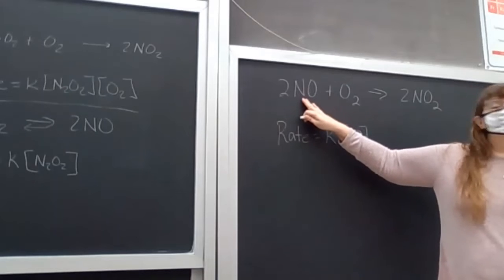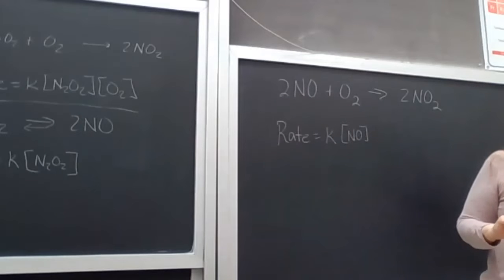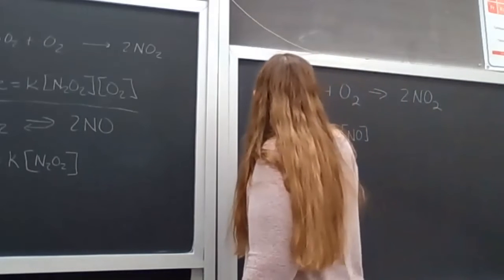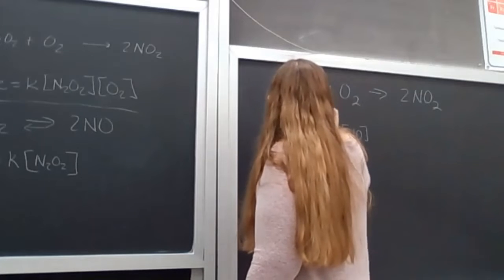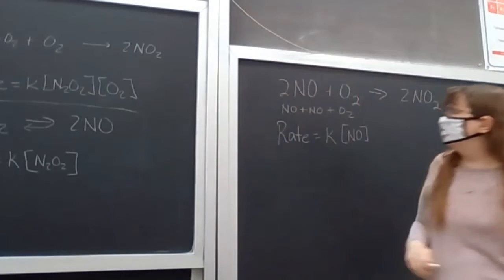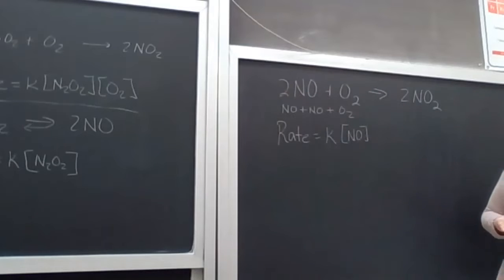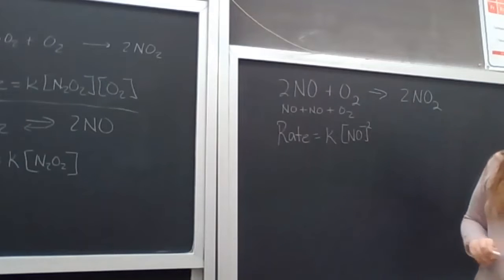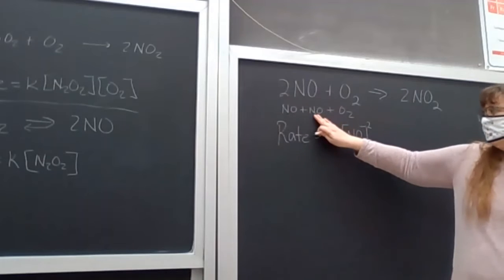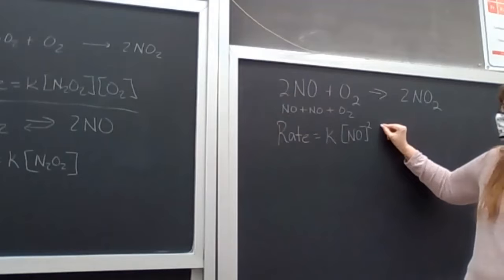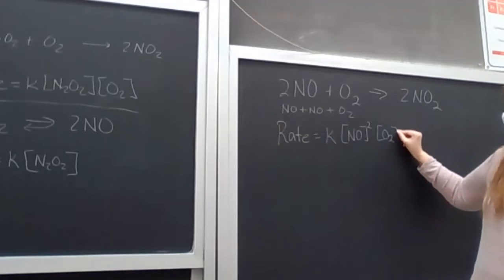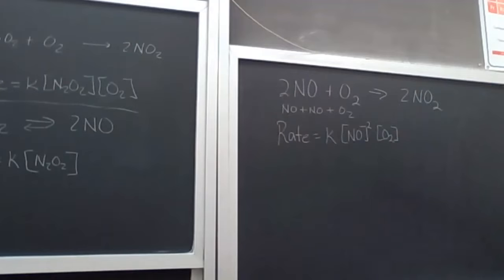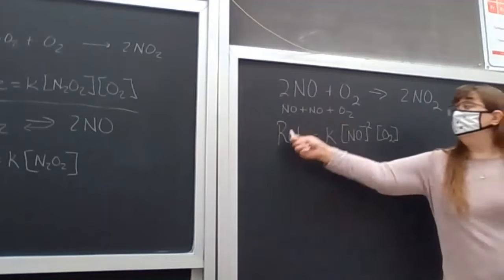But if I have this NO here and there's 2 of them, this is really like saying NO plus NO plus O2, right? So I have 2 of them. And if I'm multiplying each of the reactants, then I should have a square here. Okay? So I have NO concentration times NO concentration times the O2 concentration. All right, so this is what it would be if it were all in 1 step.